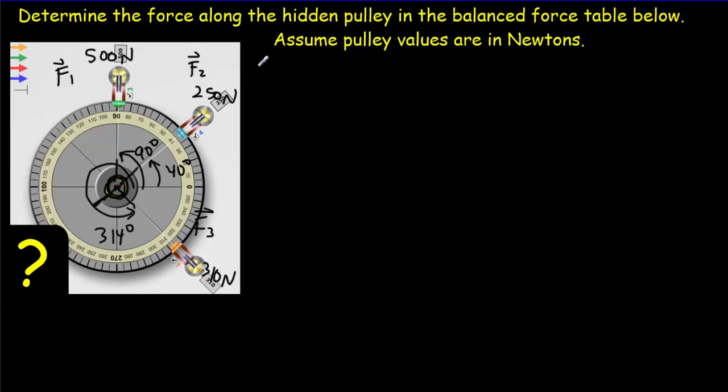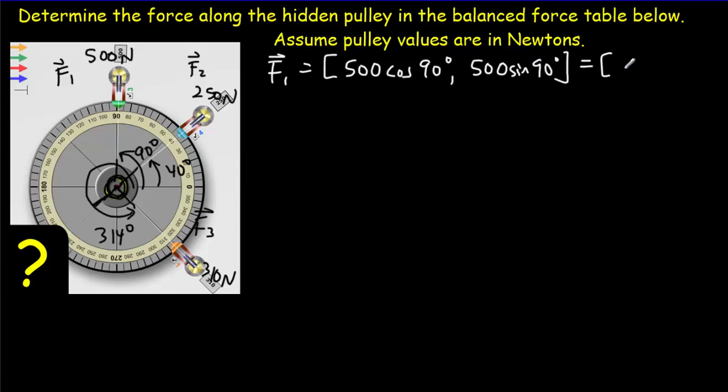My F1 is going to be equal to the magnitude of that force, 500, times the cos of the angle, the polar angle, 90 degrees. And then the y component is 500 sine 90 degrees. So of course I'm going to get 0, 500 for my force F1. F2, once again, magnitude of F2 is 250, so it's going to be 250 cos 40 degrees, 250 sine 40 degrees.